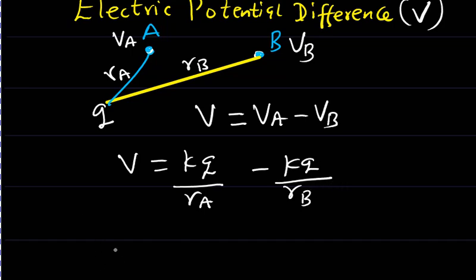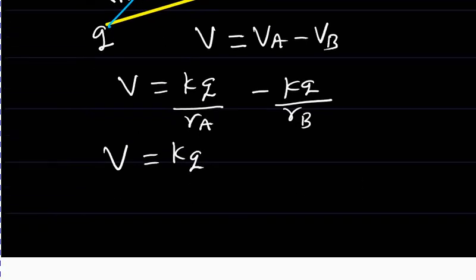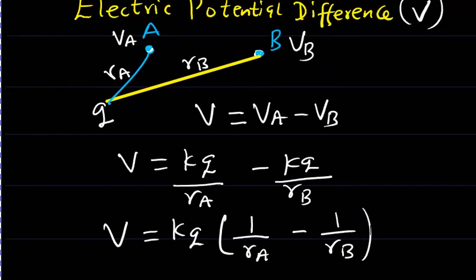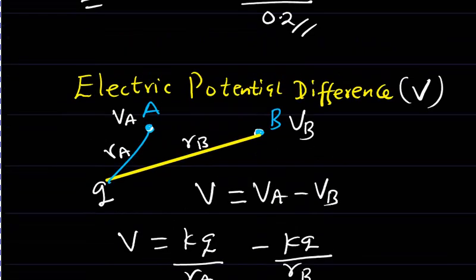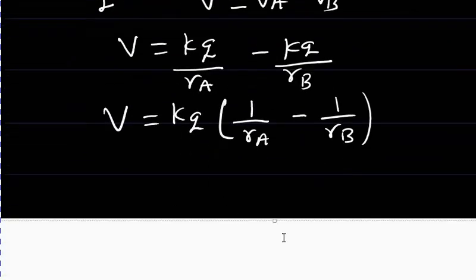We can factorize KQ being a common factor, so I'm left with 1 over RA minus 1 over RB. This is the formula we use for electric potential difference.